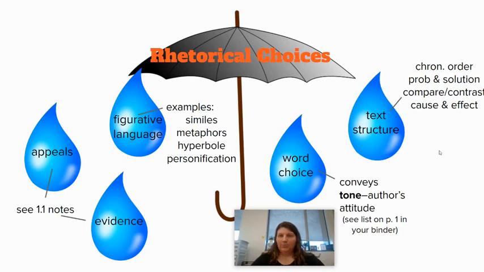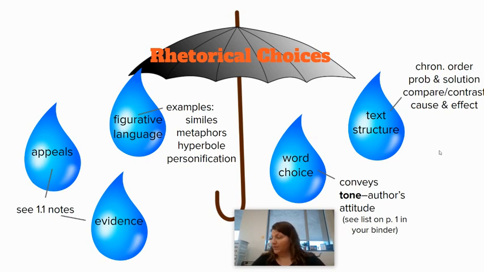And the last rhetorical choice we're going to talk about is text structure. So there are many different types of text structure, like chronological order, going in time order, problem and solution, presenting a problem, then presenting a solution to that problem. Compare and contrast. These things are similar in this way, these things are different in this way. And then cause and effect.